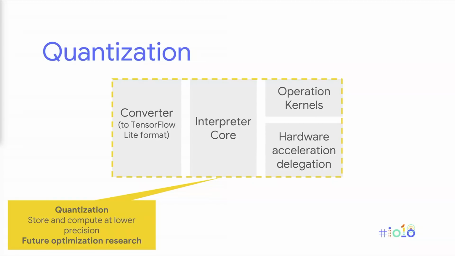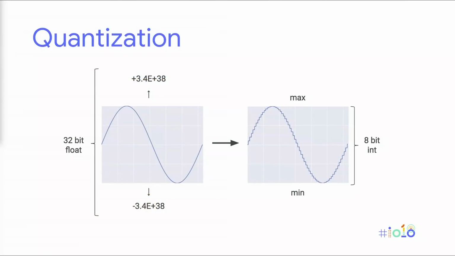So the last bit on performance that I want to talk about is quantization. This is a good example of an optimization which cuts across several components in our system. So first of all, what is quantization? A simple way to think about it is that it refers to techniques to store numbers and to perform calculations on numbers in formats that are more compact than 32-bit floating point representations.